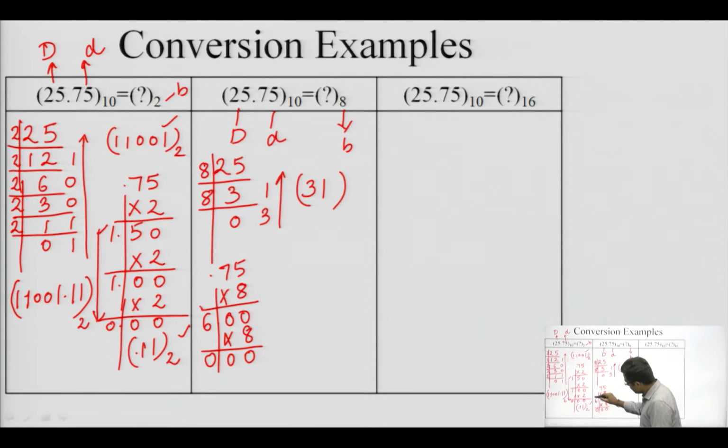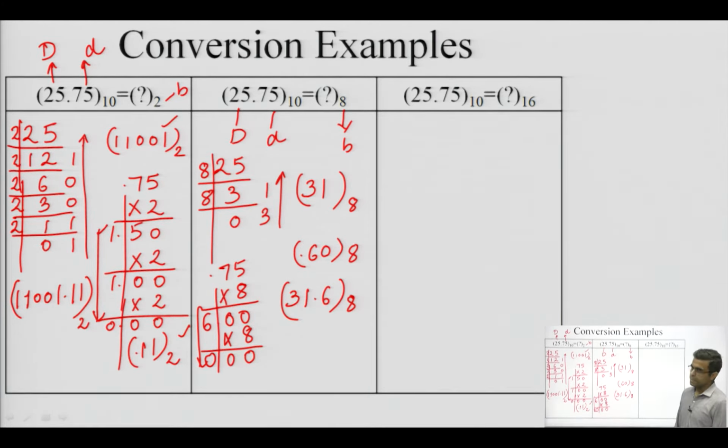So, now arranging these in the same order of the generation, that is 6 0. So, this 0.75 is actually equivalent to 0.60 in octal. So, if we combine these two results, then I will get the octal equivalent of this 25.75. So, in this way we have converted a decimal number into an octal number.